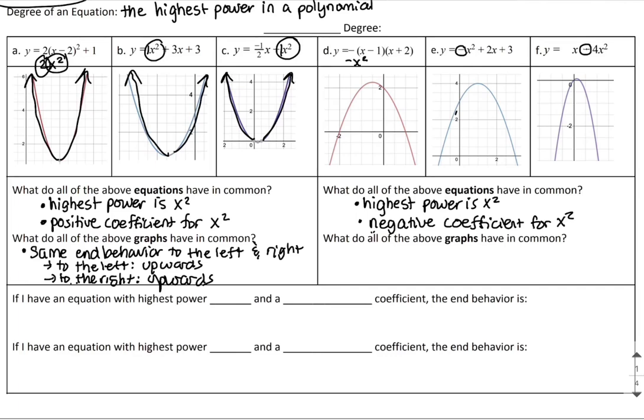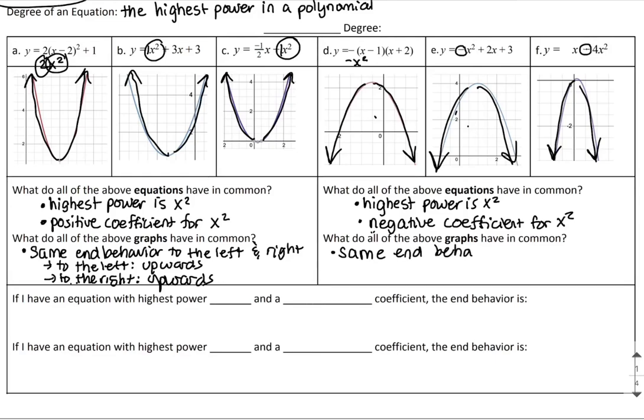When I look at these three graphs, I can see that as I go to the left, I'm going downwards. And if I look at what's happening when I go to the right, I'm going downwards. So I, again, have the same end behavior to the left and right.